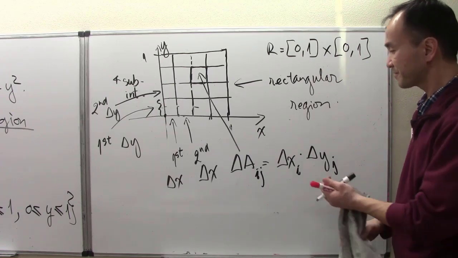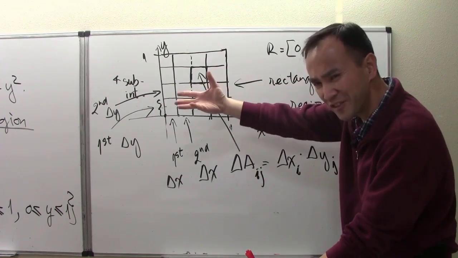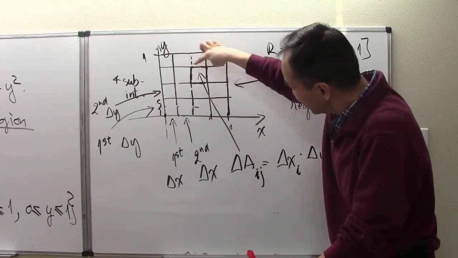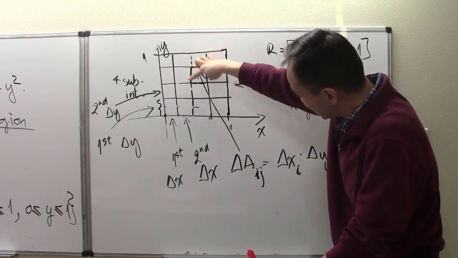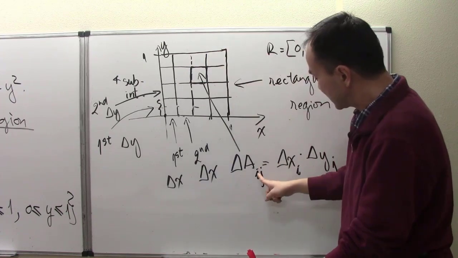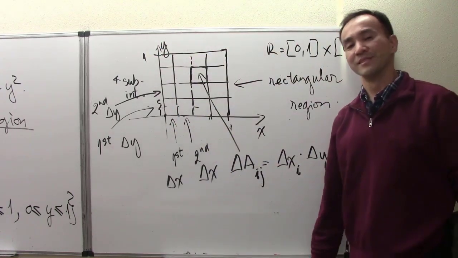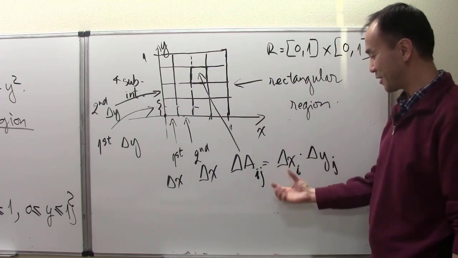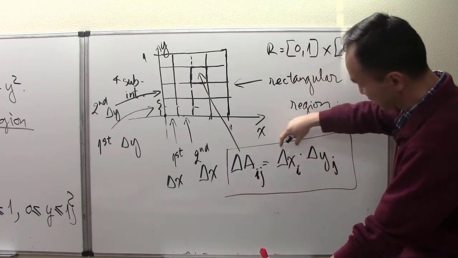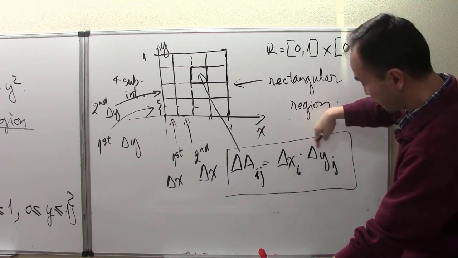So we have delta R and delta A. I use A intentionally; think of it as a picture. It's an area, right? A little area of that rectangular subpartition at the ith column and the jth row. In depth, it is how much space on the x-axis and how much space on the y-axis multiplied together.